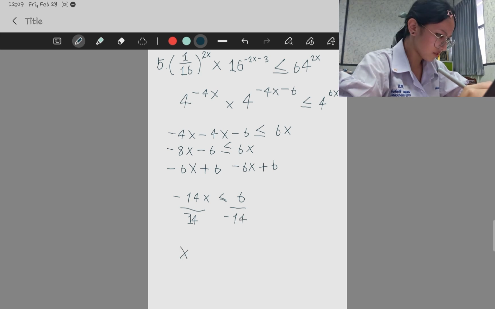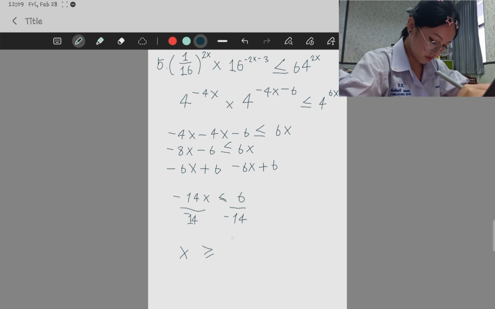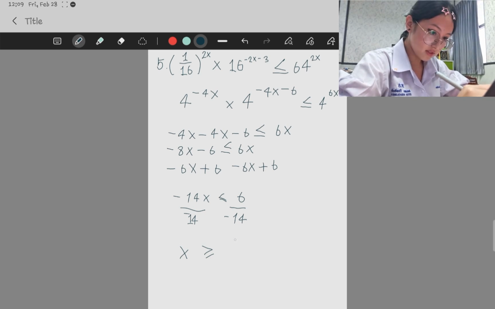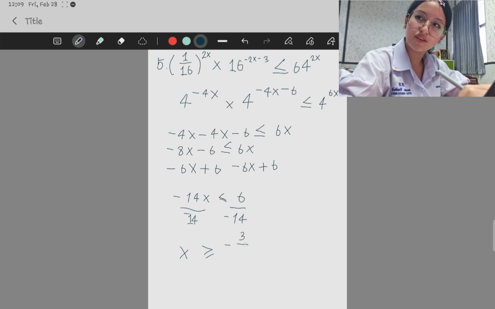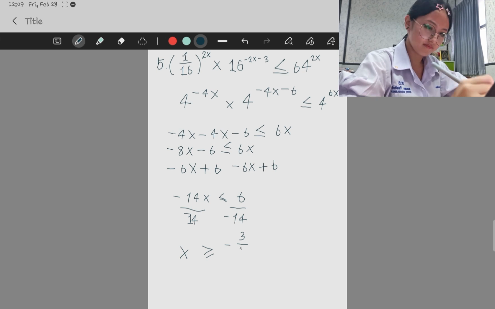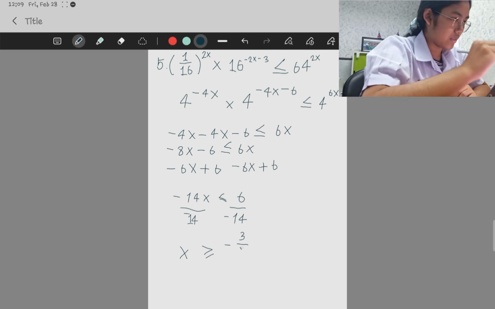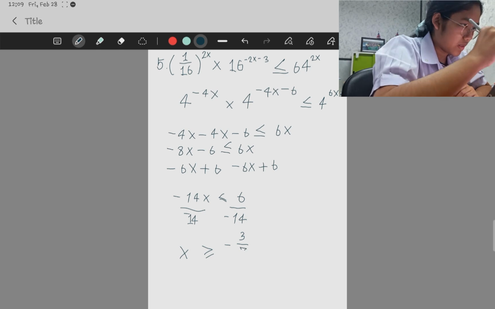You get your answer: x less than or equal to negative 3/7.